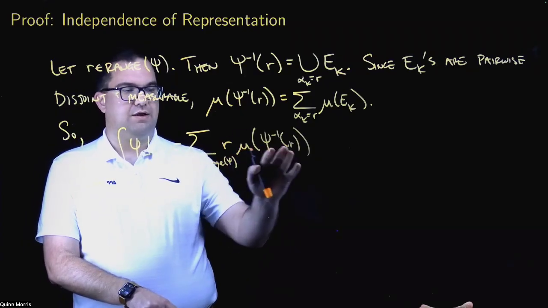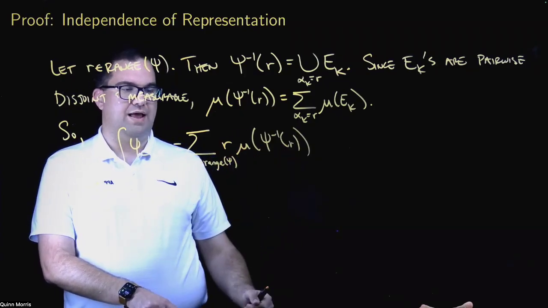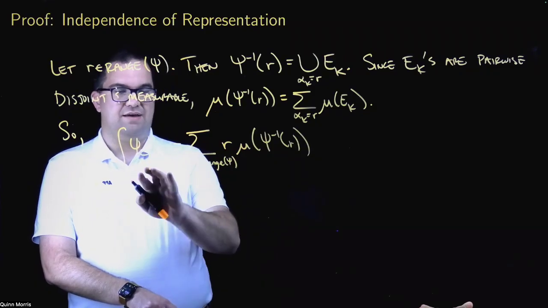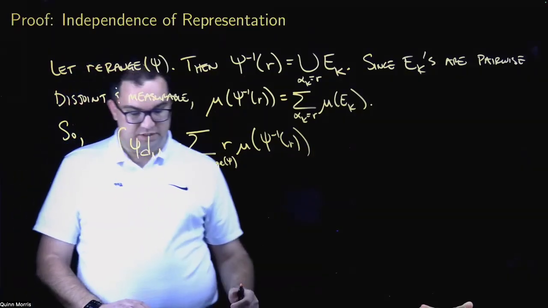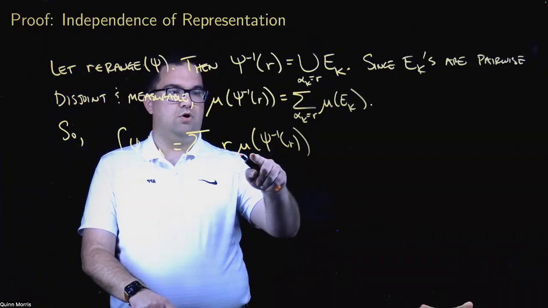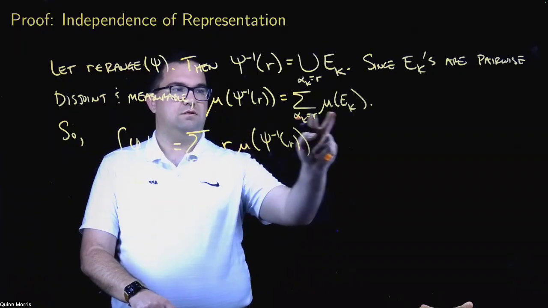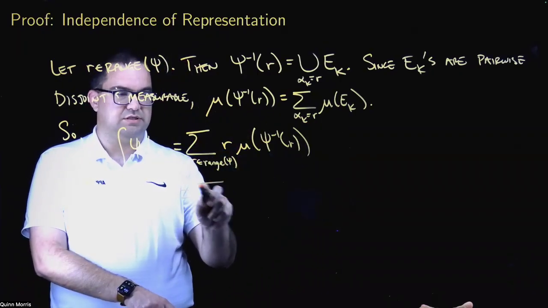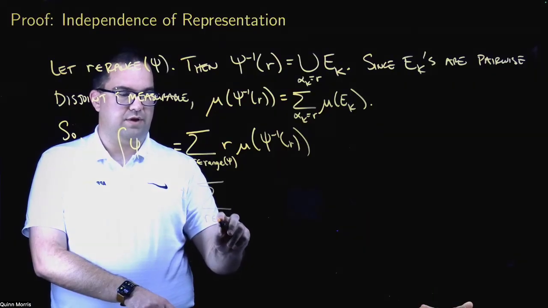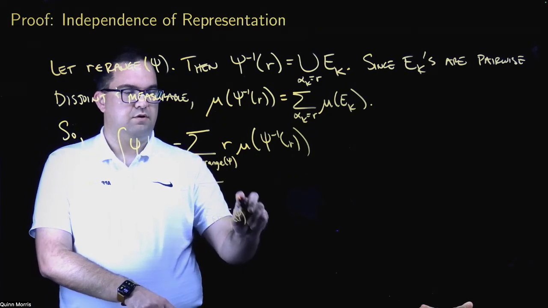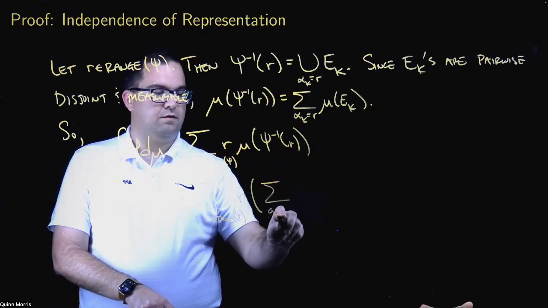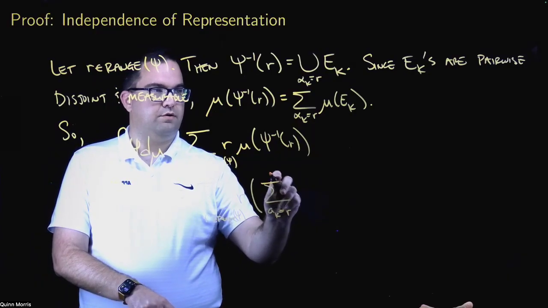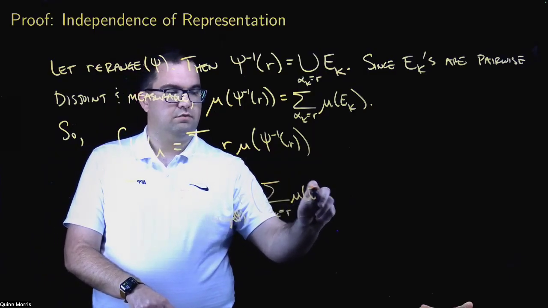All I'm doing here is writing out explicitly what that is. By definition, the Lebesgue integral is defined in terms of the canonical representation. However, I know that for each of these, I can express them in this way. So this is the sum over all r in the range of psi of r times, now this can be replaced with the sum over all a_k equal to r of mu of E_k.